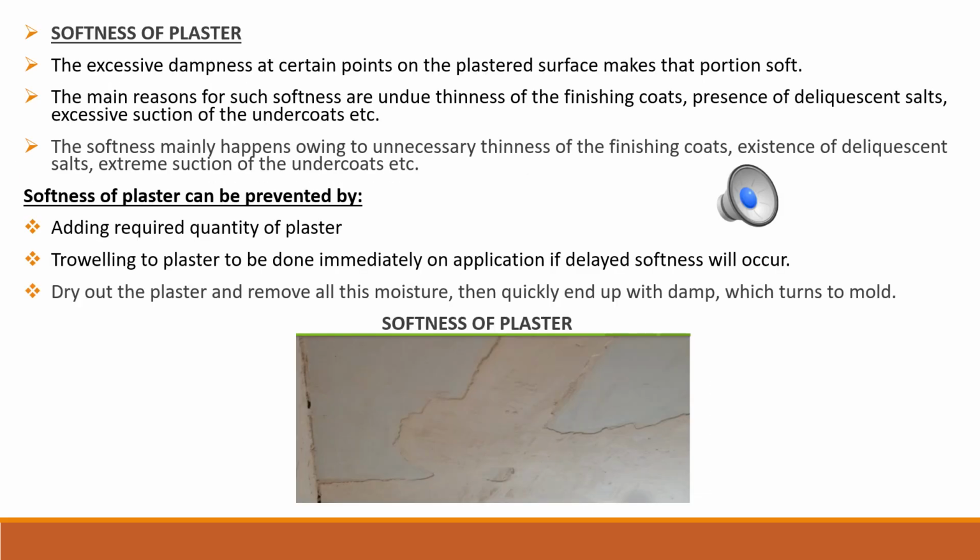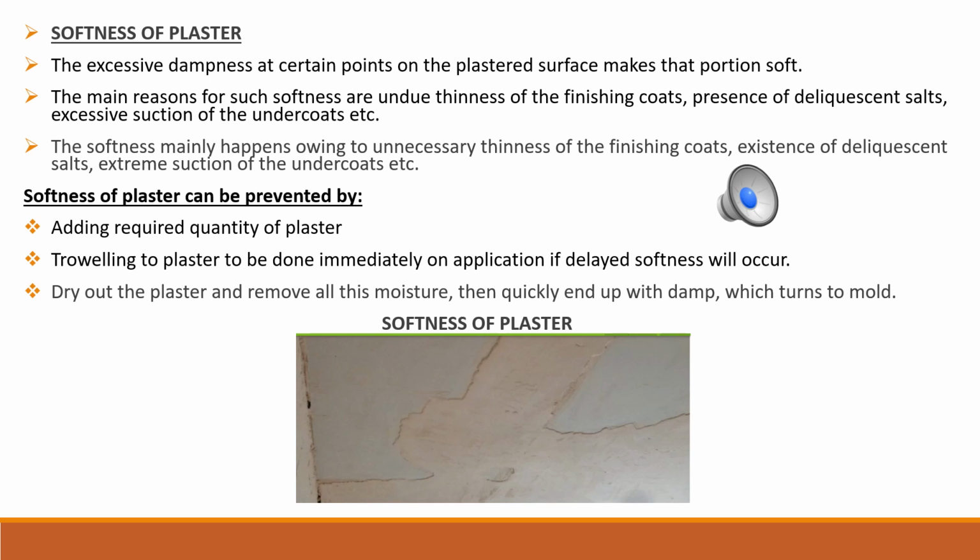There are many reasons for softening of the plaster. The main reason is excess water mixed in cement, sand mortar, or lime mortar, or any type of ingredients of the mortar, so we have to take care that excessive water should not be mixed.